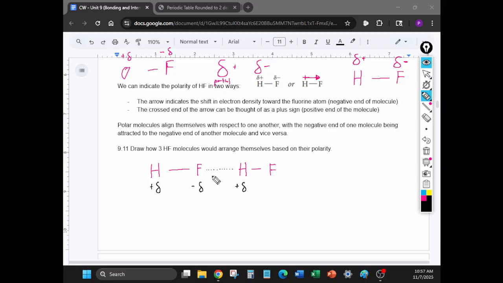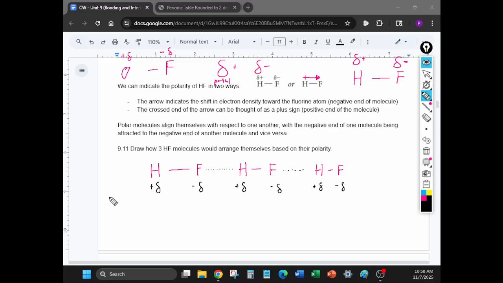They have this weak attraction to one another because one side is partially negative and one side is partially positive. And on the other side of that HF, another HF molecule is going to be there and be like, oh, this side of that molecule is kind of cute, it's partially negative, and they're also going to form a connection. So they'll rearrange themselves based on the partial polarity of the others.